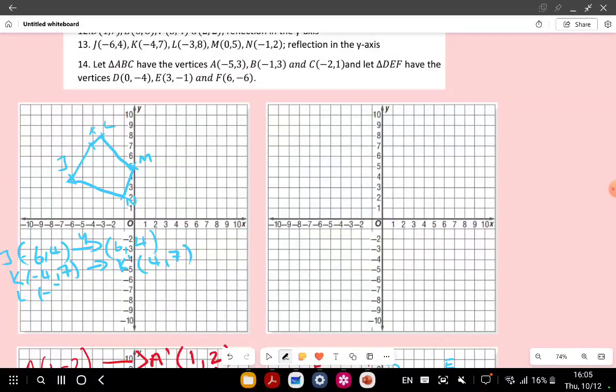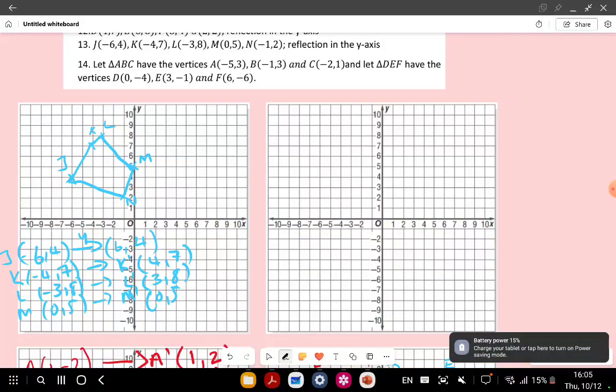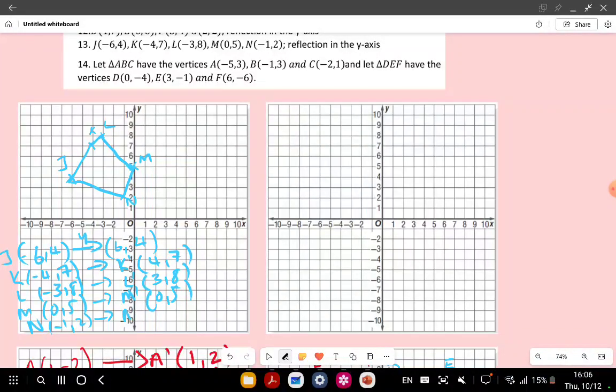L, negative 3, 8, becomes L1, positive 3, 8. M, 0, 5, becomes M1, 0, 5. N, negative 1, 2, becomes N1, positive 1, 2.